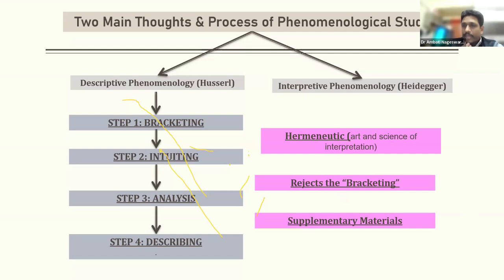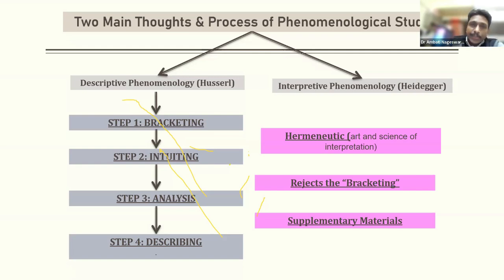Let me conclude with one line. Descriptive phenomenologists depend on what they are observing, what they are sensing in the field. Accordingly, they are going to write the report. They make the phenomenological study. Whereas interpretive phenomenologists, in addition to collecting the data from the participants, will understand what kind of findings they got.